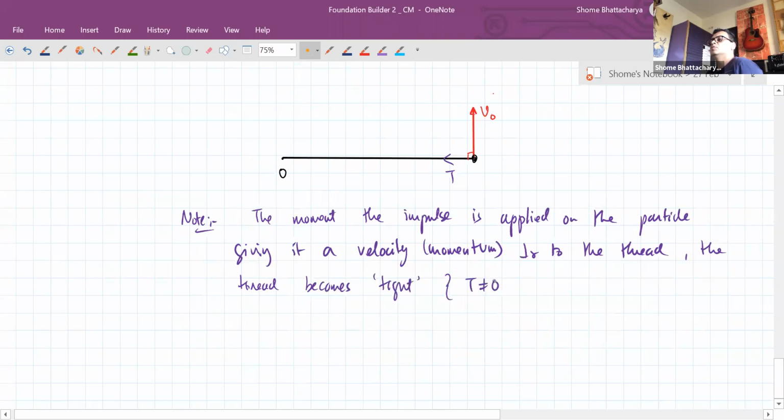So tension becomes non-zero in the thread. Now the tension acts perpendicular to the velocity. So therefore, the tension acts like a centripetal force.